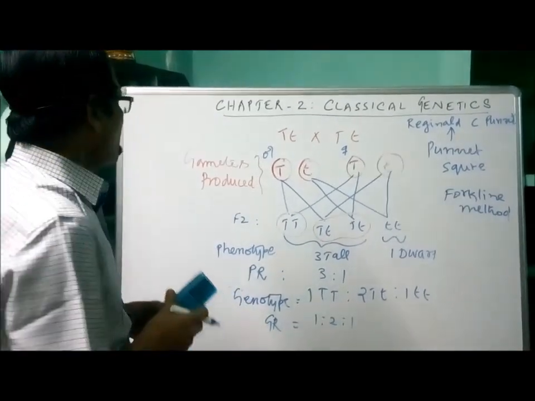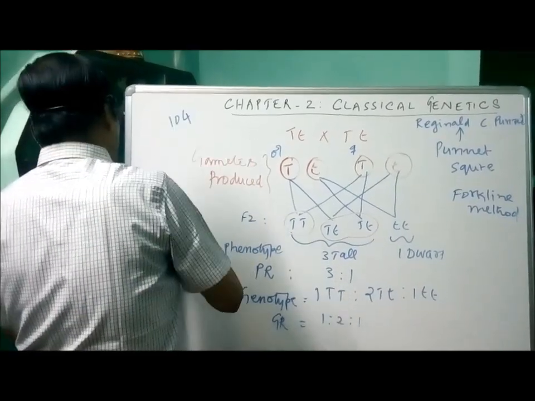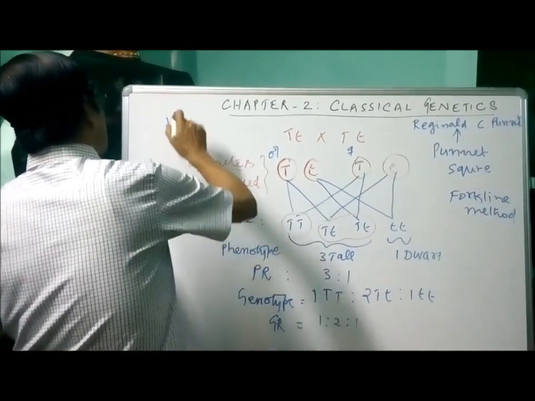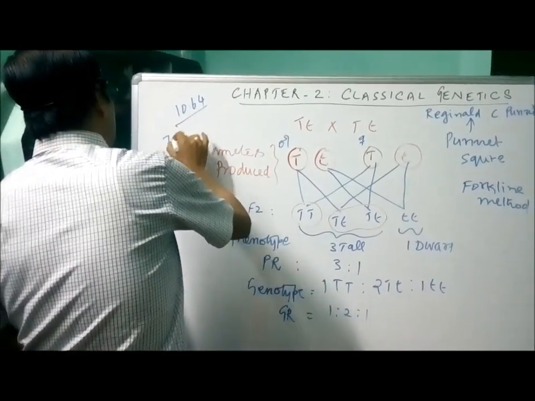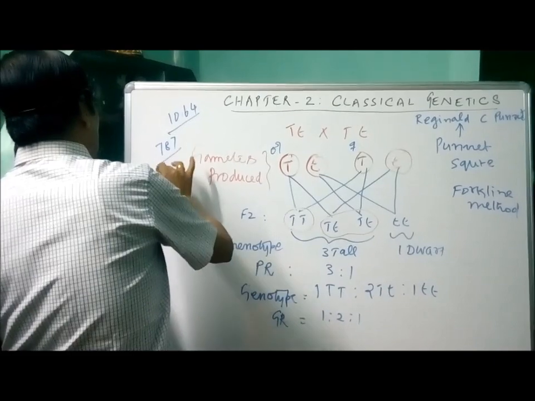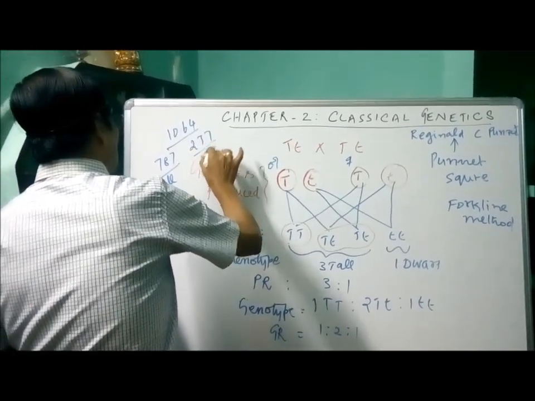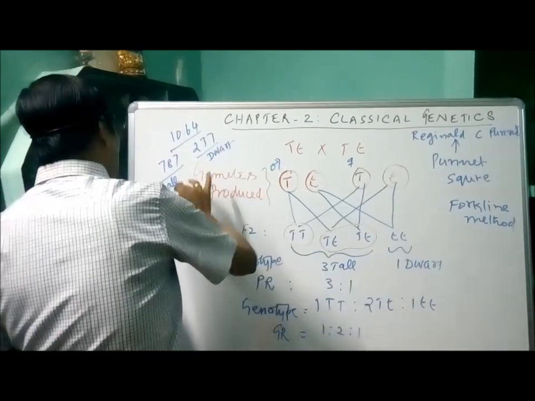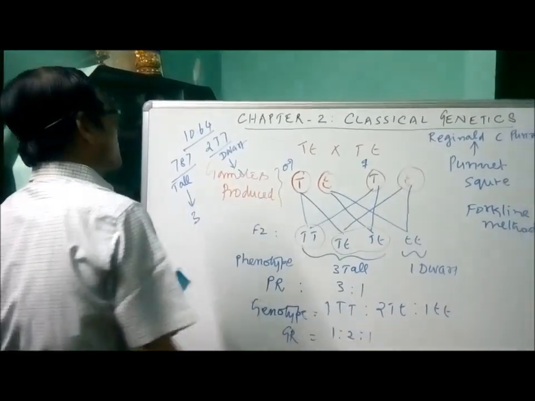Totally, he obtained, in terms of numbers, 1064 individuals, out of which 787 were tall and 277 were dwarf. He made these numbers into a definite ratio, that is 3:1.